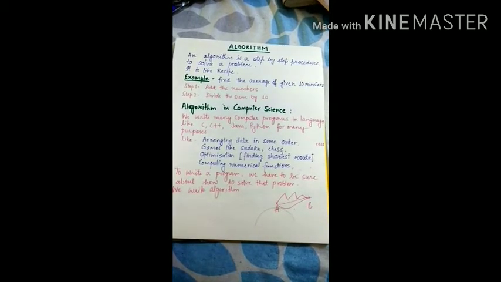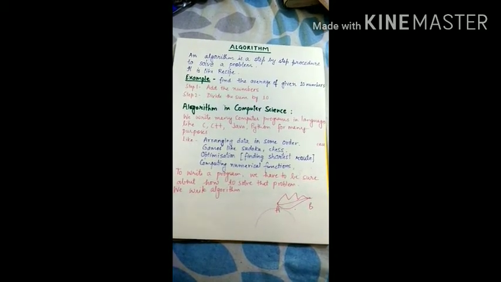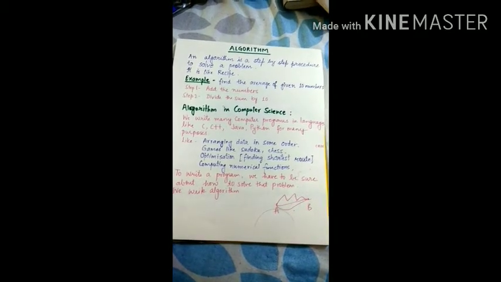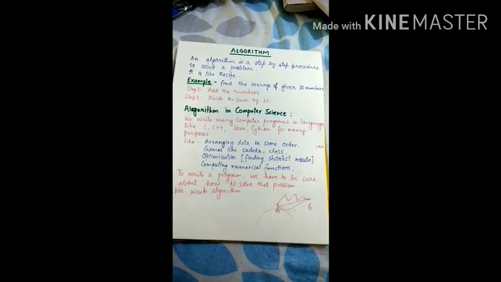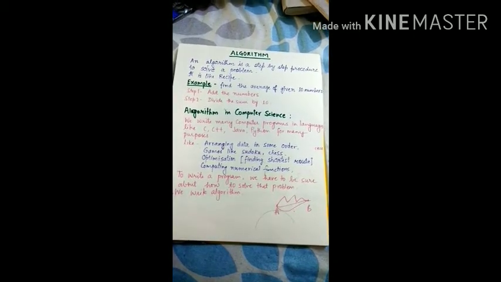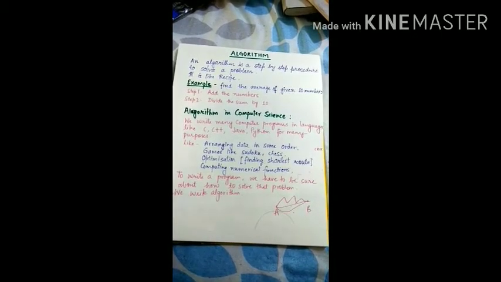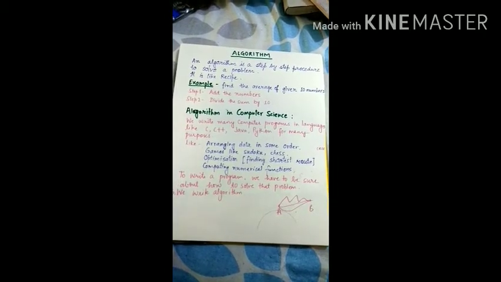The first one is arranging data in some order. It can be ascending order or descending order. For example, if you want to arrange the marks of all the students of CBSE in descending order in order to find out which student has stood first in the country, for these kinds of tasks you will write computer programs in a certain language.